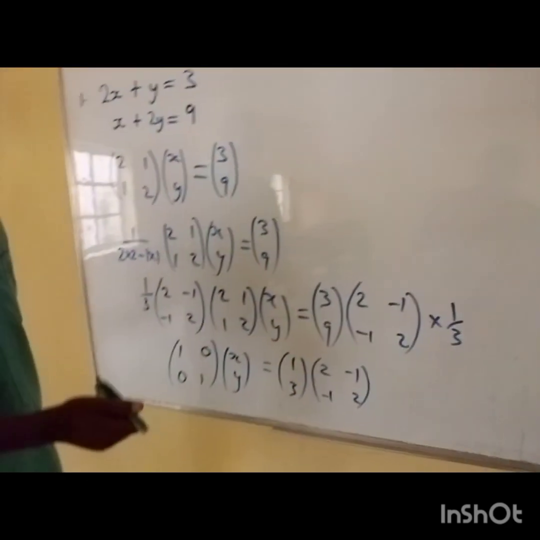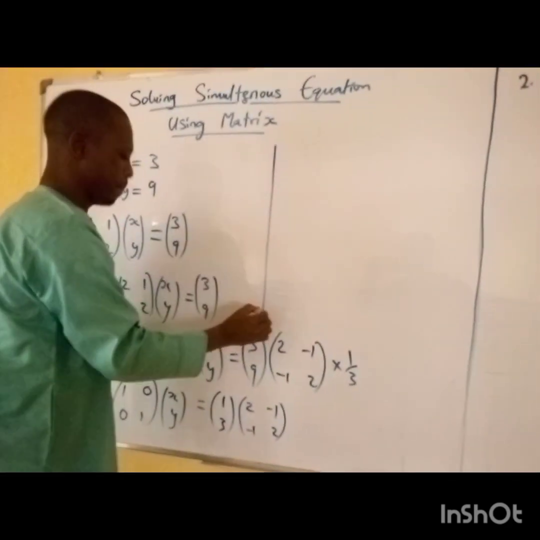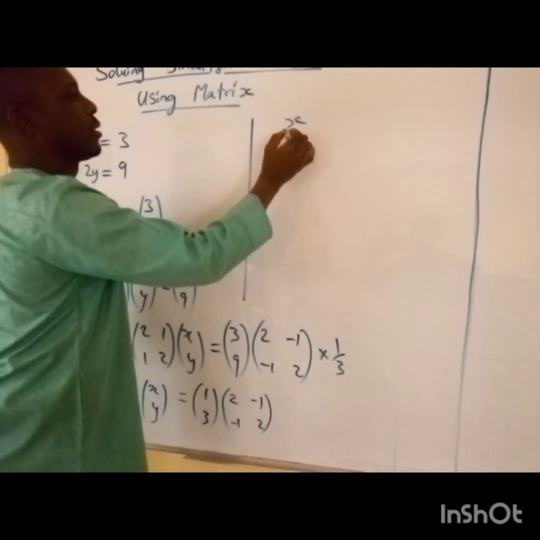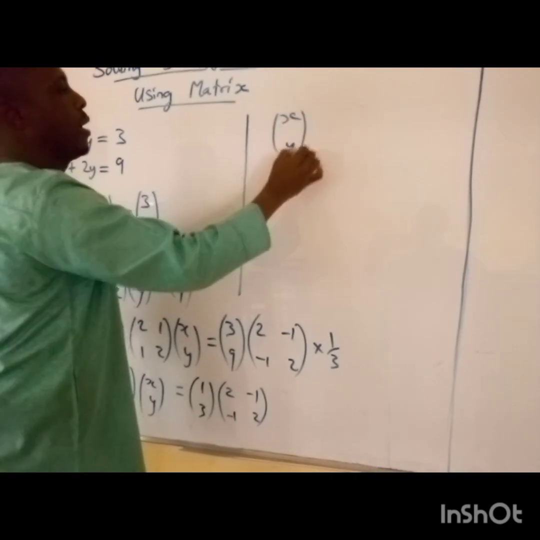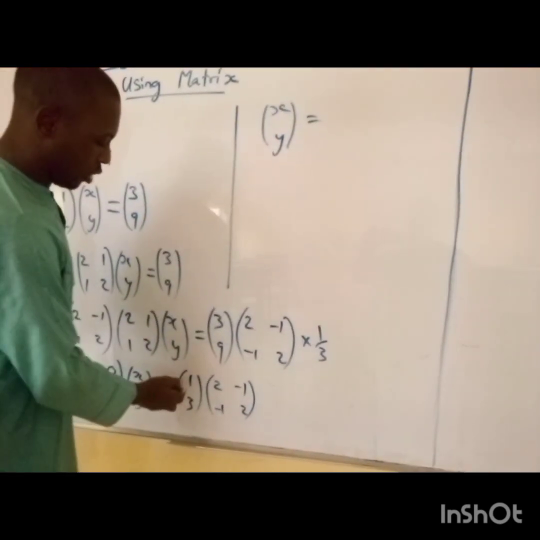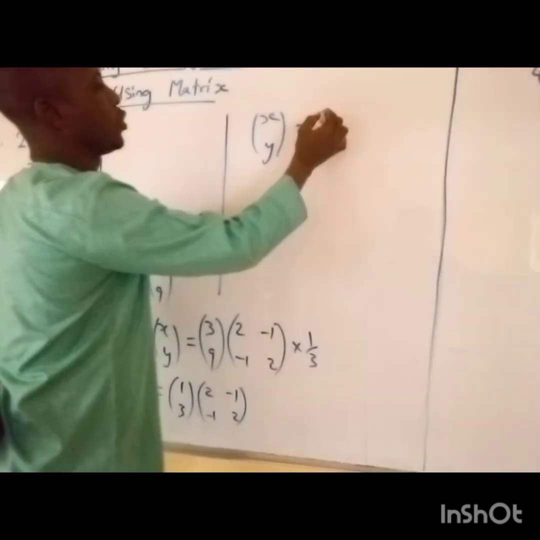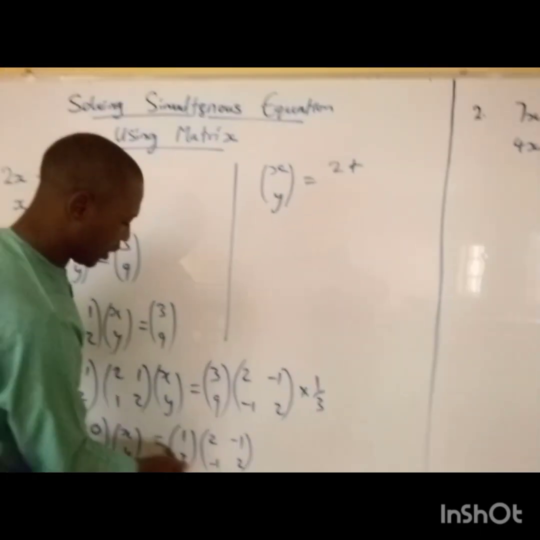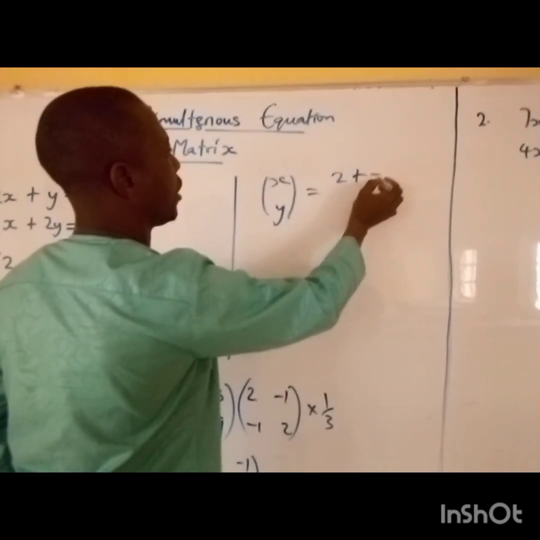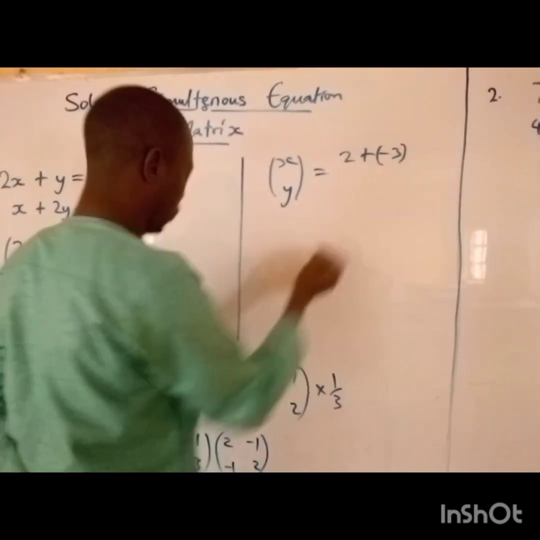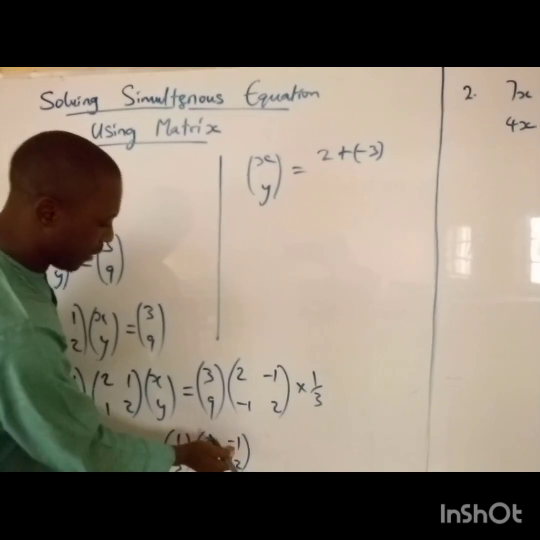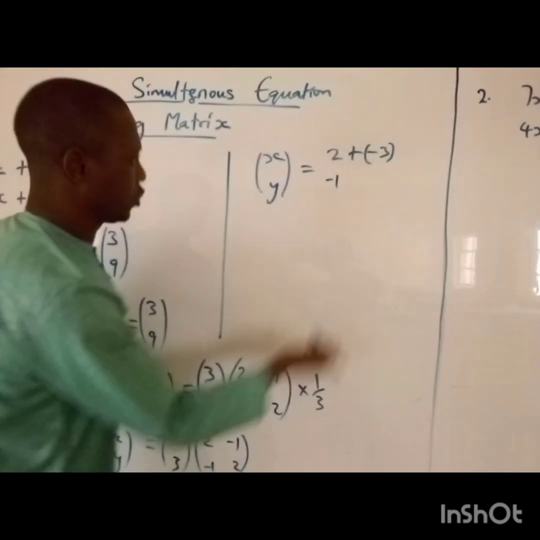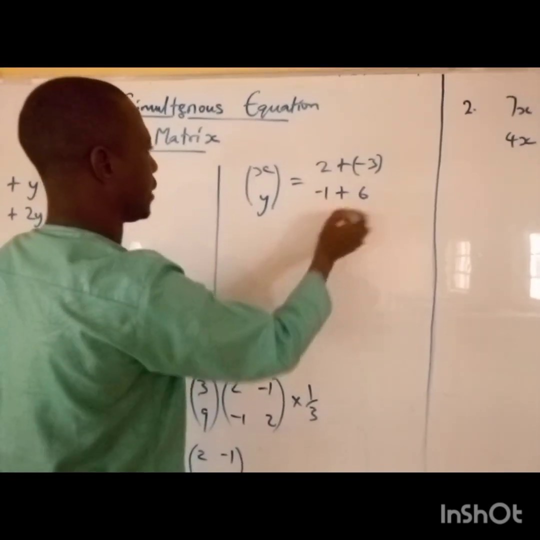And this will give me x, y will now result to 1 times 2 will give me 2, plus 3 times minus 1 will give me minus 3. And then 1 times minus 1 again will give me minus 1. 3 times 2 gives me 6.